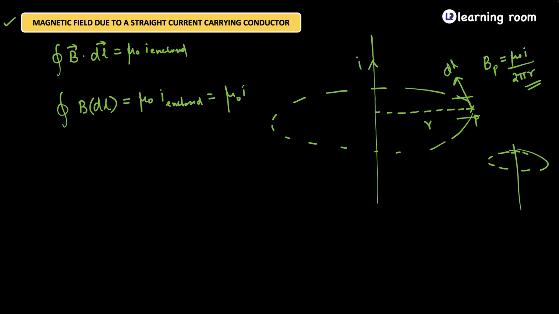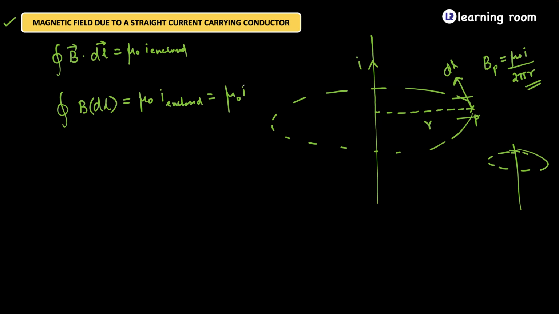Is this point clear? So what did I do? Let's come from the beginning. I took the conductor. I took the point, which is at a distance r. So symmetric with respect to the current carrying conductor, we considered an Amperian loop, and we ensured that the Amperian loop is passing through the point where the field is to be calculated. And on the Amperian loop, you considered a small element dl. And what is the direction you assign to it?